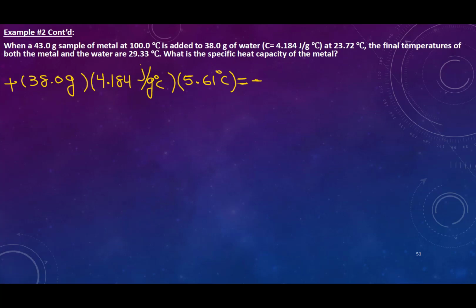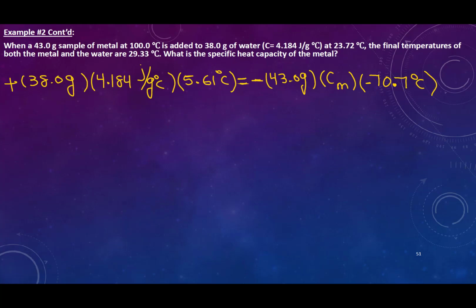is equal to negative Q, which is negative Q for the metal. The mass of metal is 43 grams times the specific heat capacity of the metal times the delta T, the change in temperature for the metal, which we just calculated and it was minus 70.7 degrees Celsius.